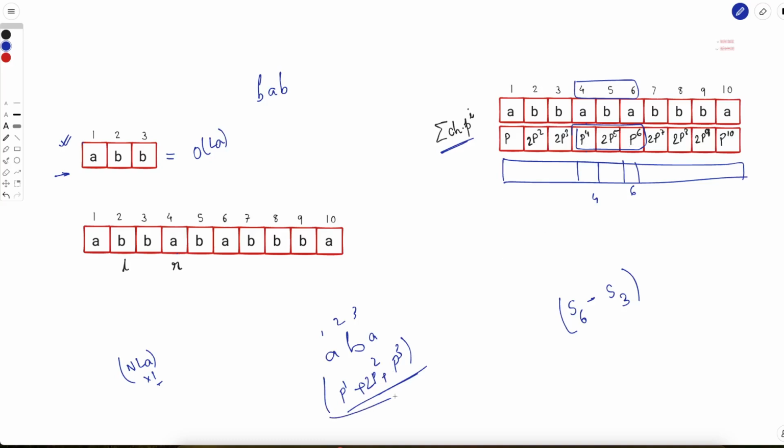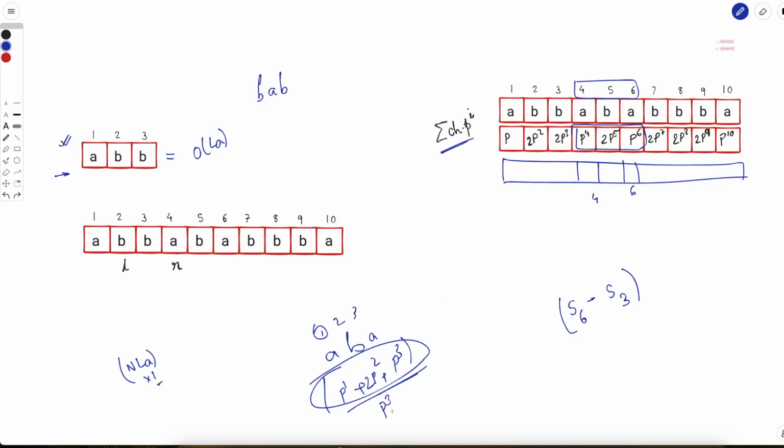So you can simply divide this entire thing by p power 3, and you will get this exact same thing from this particular summation. Why are you not getting this directly? Because here the starting point is 4, but you want everything to start with 1. So everything has p power 3 as extra. You just divide it by p power 3 and you will get the answer.